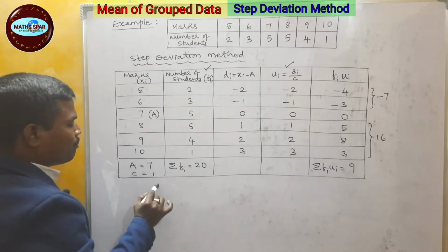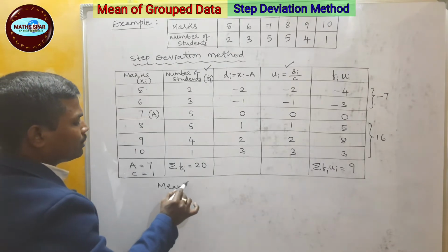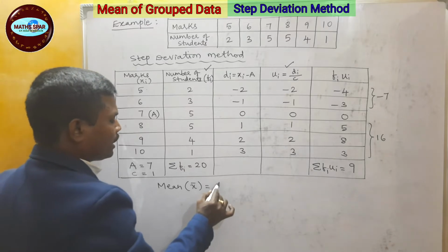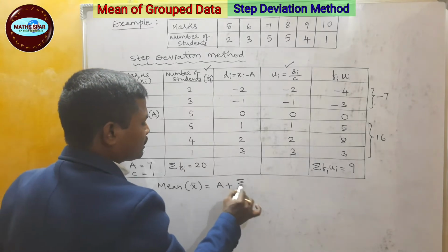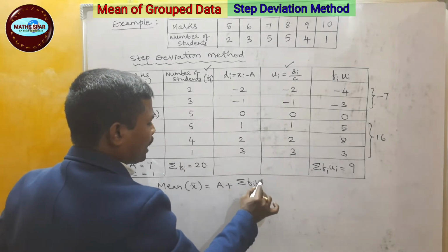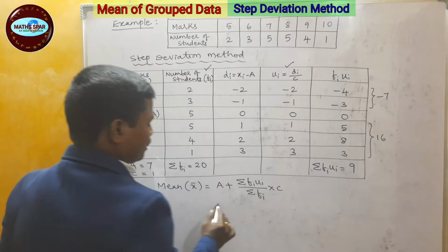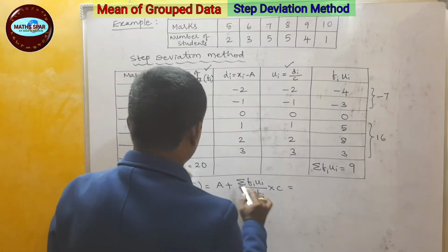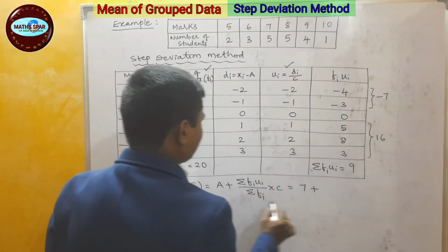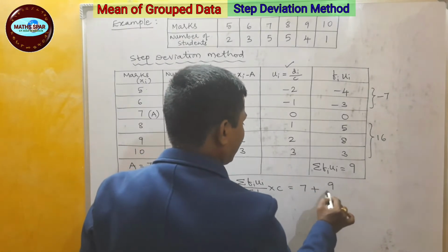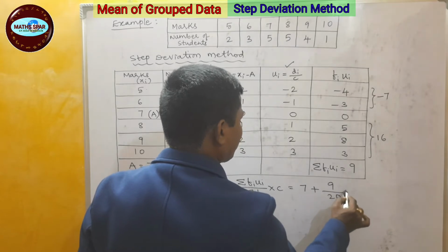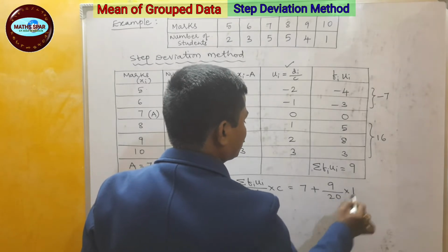Then the mean by the step deviation method is a plus sigma fi ui by sigma fi into c. That is a, 7, plus sigma fi ui, which is 9, by 20 into c, which is 1.